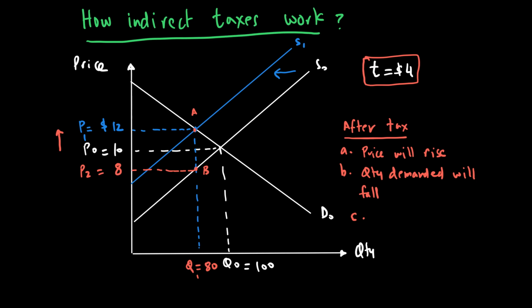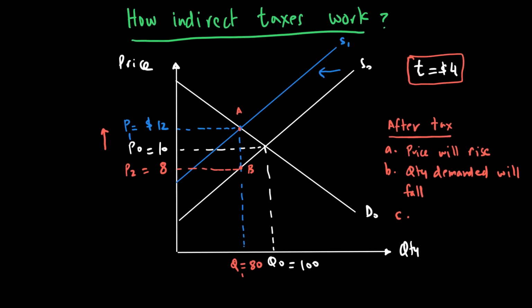In fact, we say that P1 minus P naught, this distance, is what we call the per unit consumer burden. How much of the $4 tax is the consumer paying?